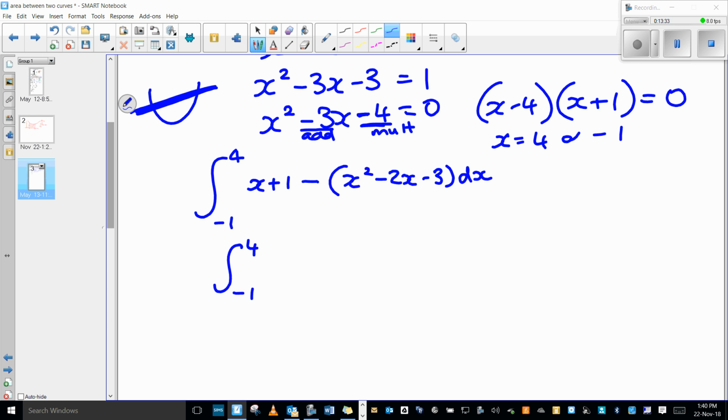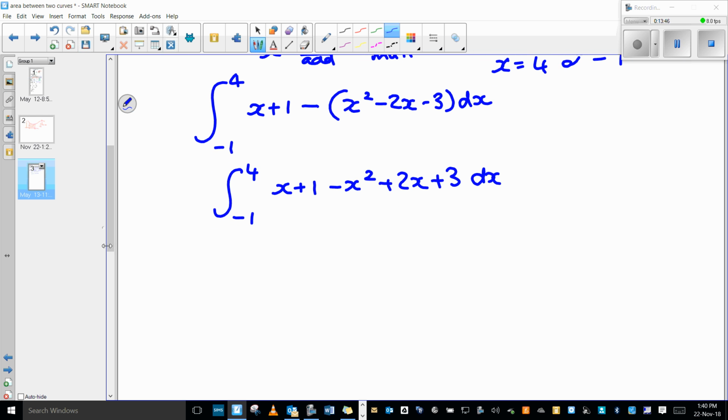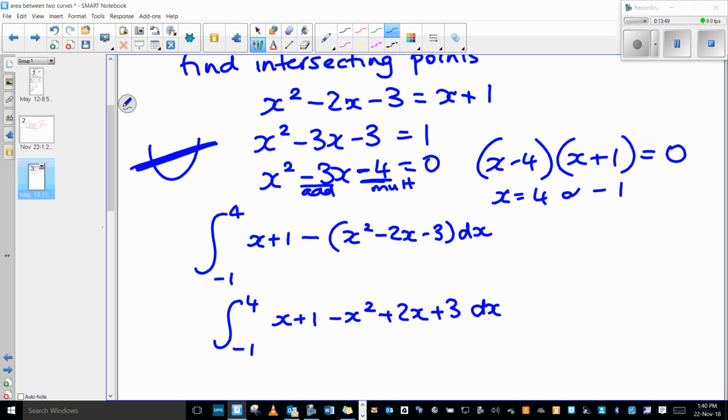So we've got x plus 1 subtract x squared plus 2x plus 3. I'm going in baby steps. You find out which one's on top so you can have that first, because the top one has to go first. If you do it the other way round, it's going to go wrong.